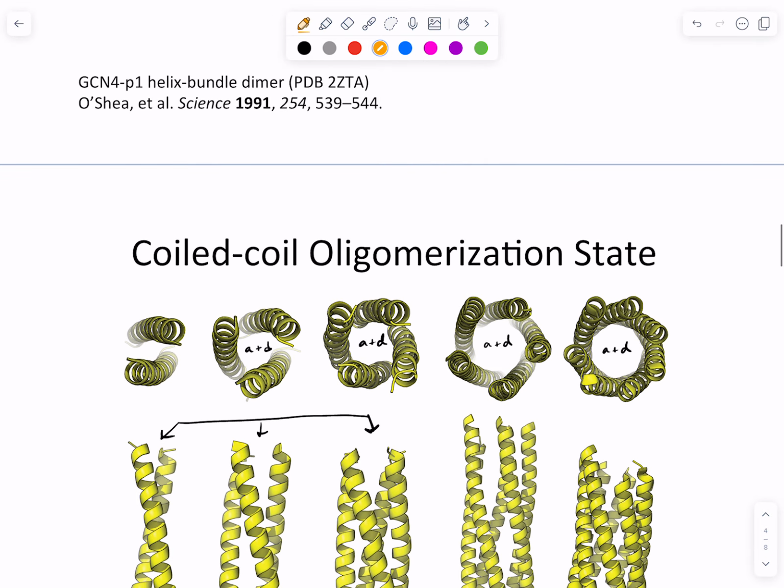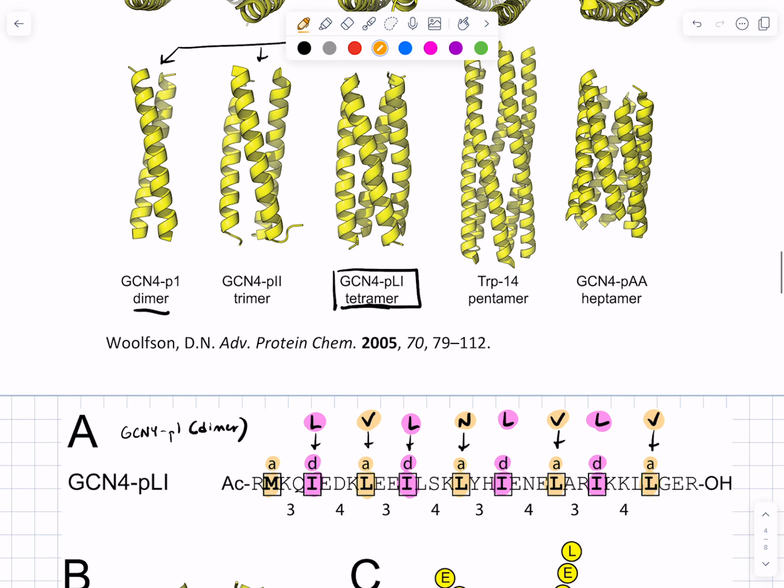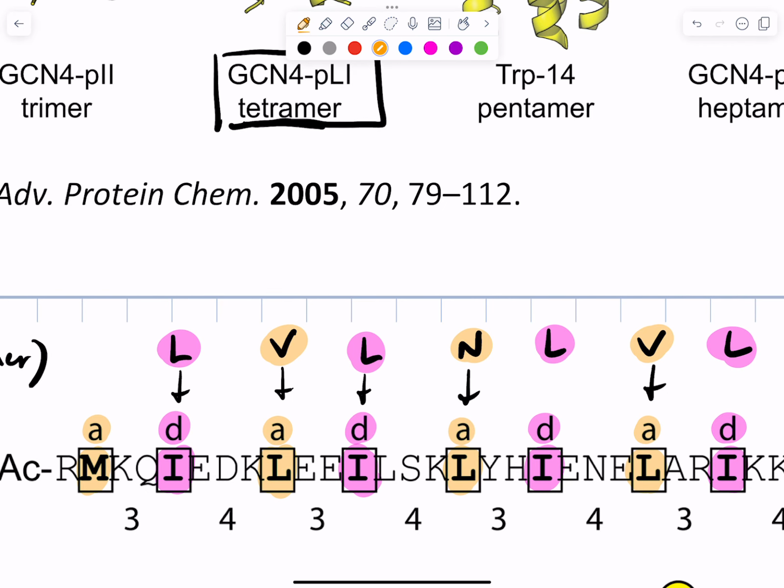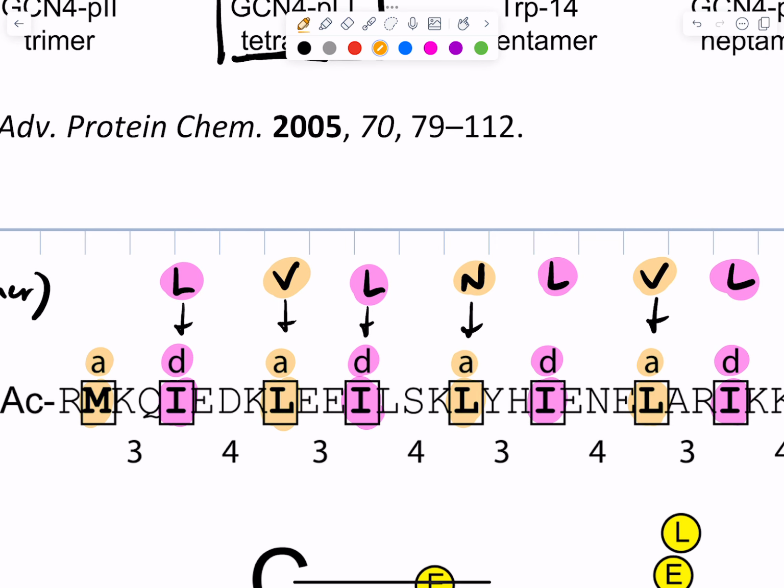And they created this sequence, GCN4-pLI, in which we changed the D position leucines to their isomer, isoleucine. Now the D positions in this new sequence are beta branched. This is isoleucine, the alpha carbon, the beta carbon, and you see that now isoleucine is just like leucine, only it's beta branched instead of non-beta branched.